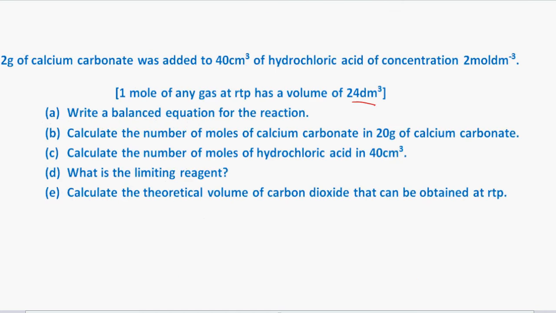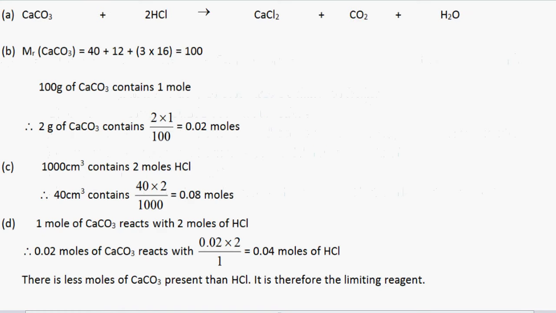Now, the second part, part B, asks to calculate the number of moles of calcium carbonate in 20 grams of calcium carbonate. So, the first thing we do, we find the relative formula mass of calcium carbonate. Calcium mass number is 40, carbon is 12. We have 3 oxygen, so it'll be 3 by 16, and that gives us 100.